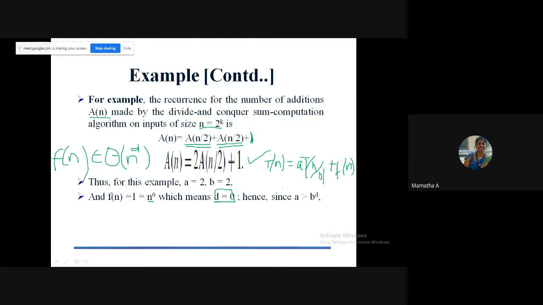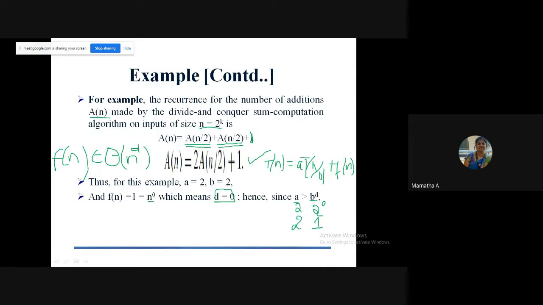Now you have to compare the relation between a and b power d. So what is the relationship between a and b power d? Students, what is a for me? 2. Yes, a is 2 and b is 2, d is 0. So what is the relationship between a and b power d?